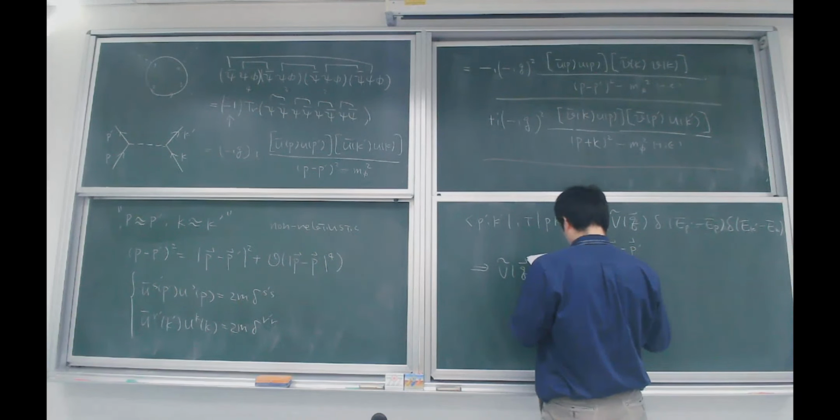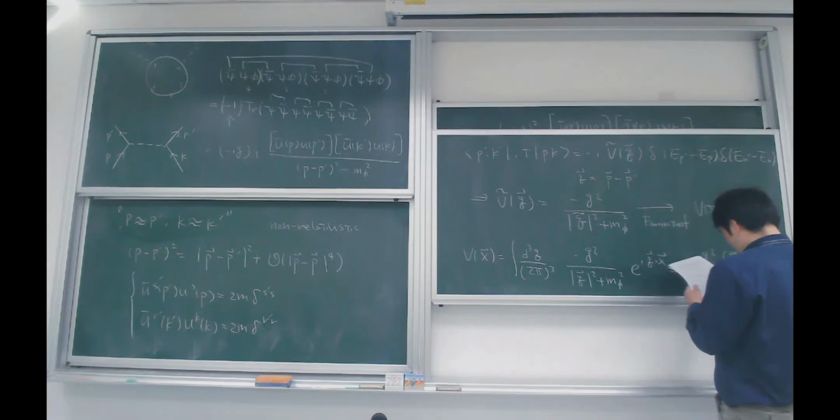This is what you got, and the minus g squared, like this way, and then you can just perform this integral by using spherical coordinates, and this is equal to, now I'm going to omit the detailed calculation, 2 pi over 4 pi r, integral from minus infinity to infinity dq q e to the i q r.